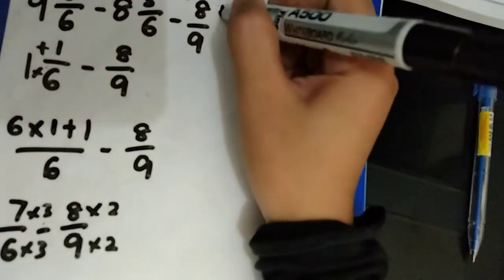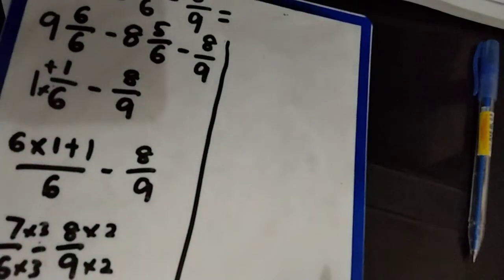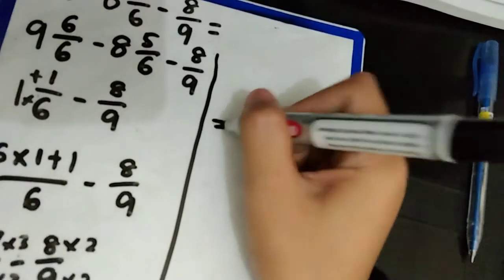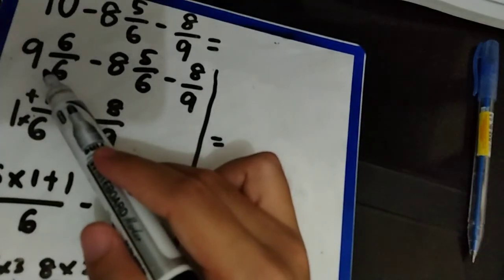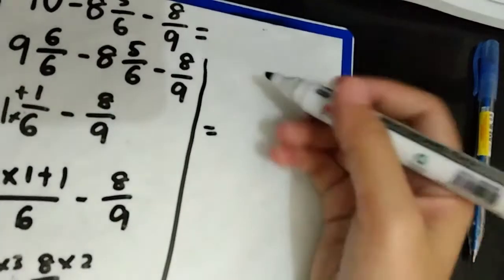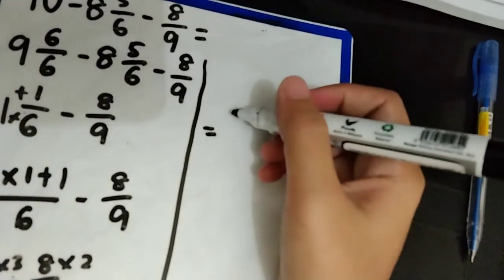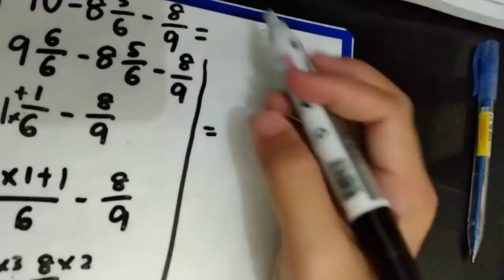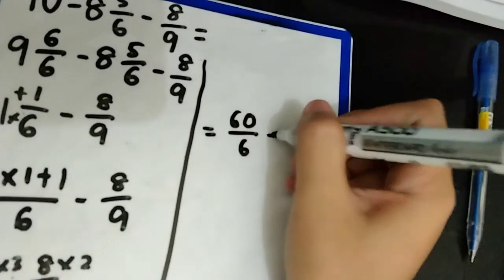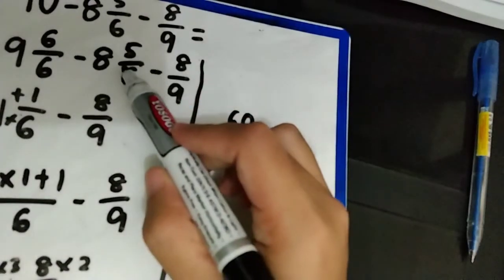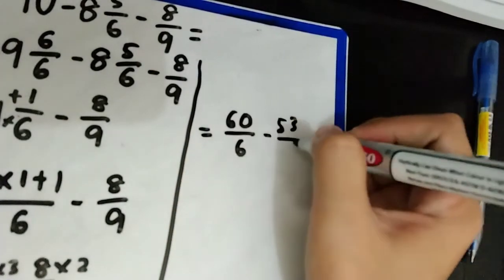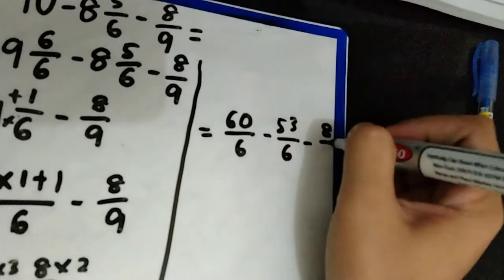Or the second method that we can use is you change this mixed number into an improper fraction. So 6 times 9 plus 6 is equal to 60/6 minus 6 times 8 plus 5 is equal to 53/6 minus 8/9.